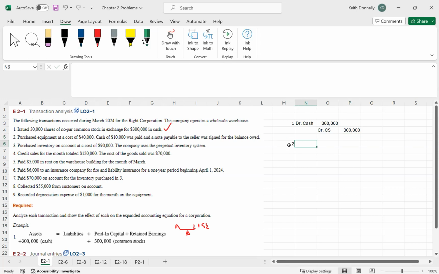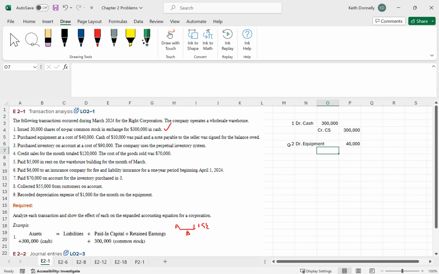All right, number 2, we bought equipment at a cost of $40,000. Cash of 10 grand was paid and a note payable to the seller was signed for the balance. So what did we give? What did we get? In this case, we got equipment. Debit equipment, $40,000. Well, how did we pay for this?